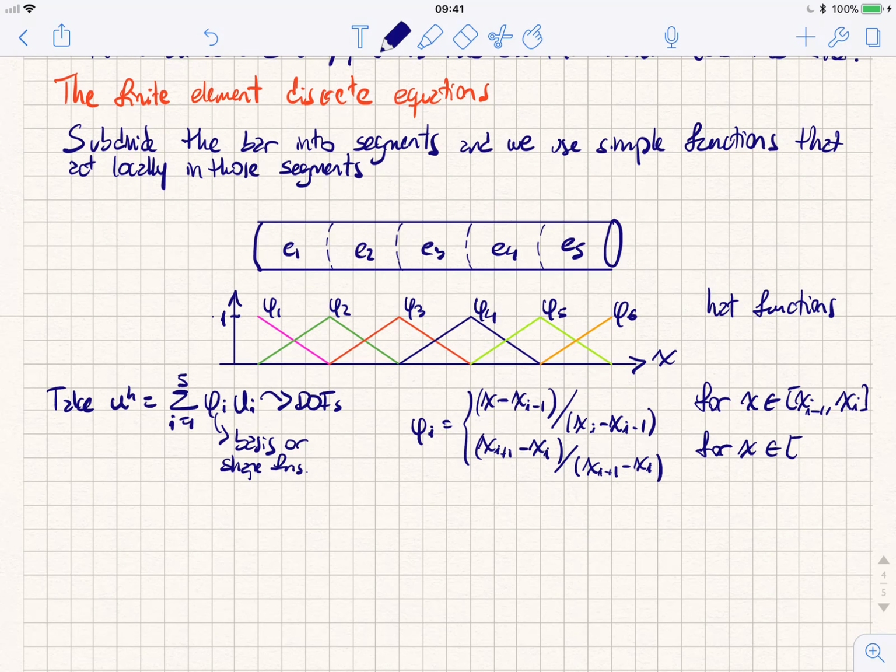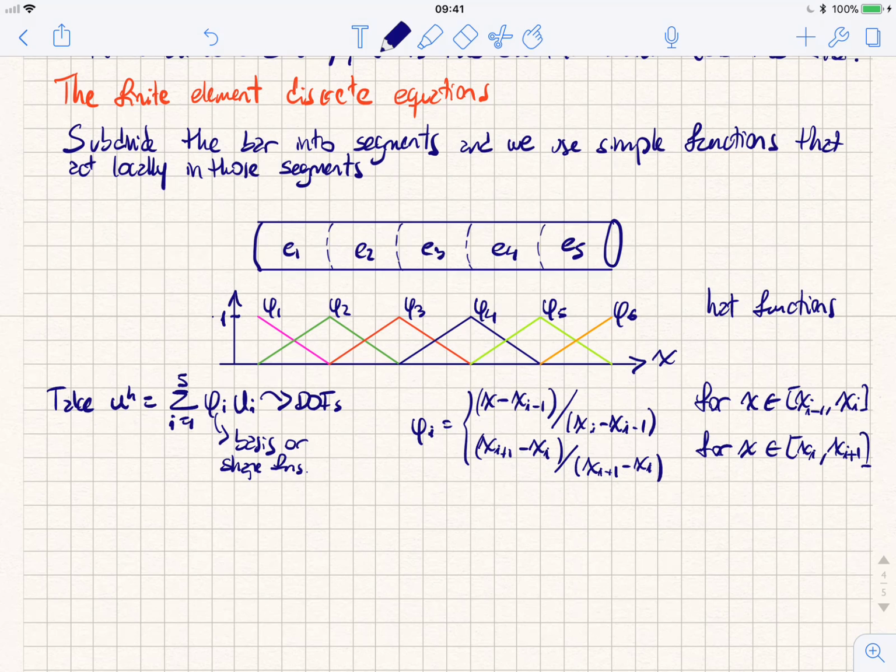So you see that these are piecewise linear shape functions. Yeah. So let's talk a little bit about these functions.